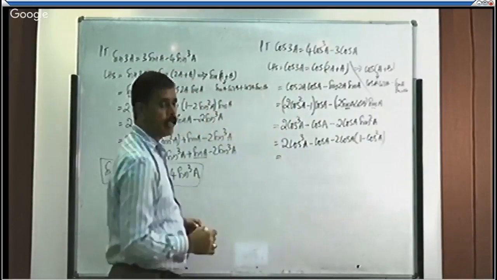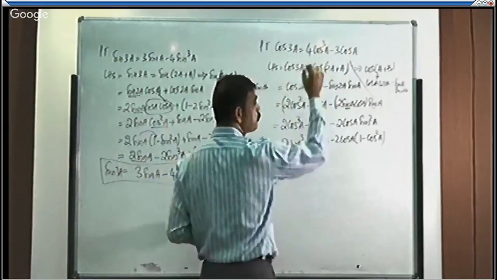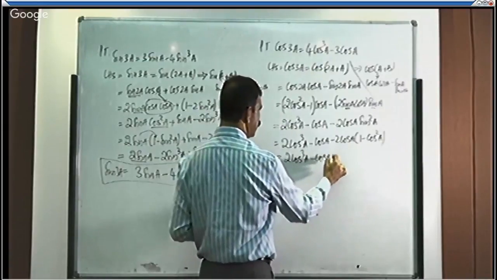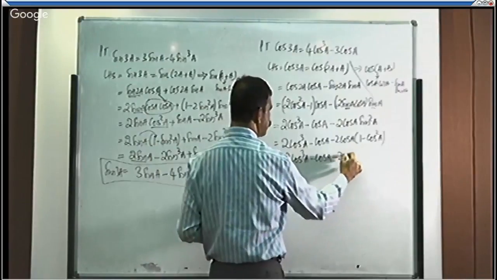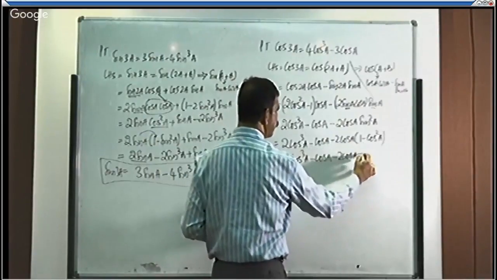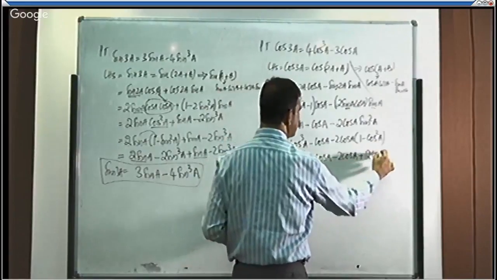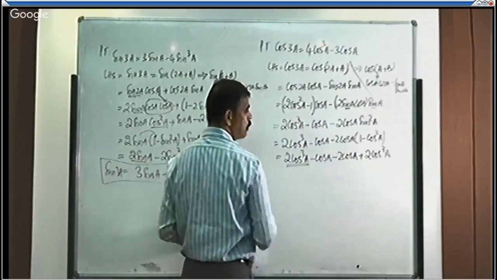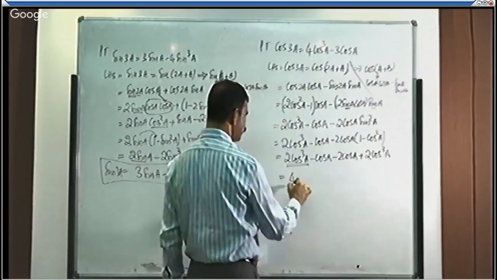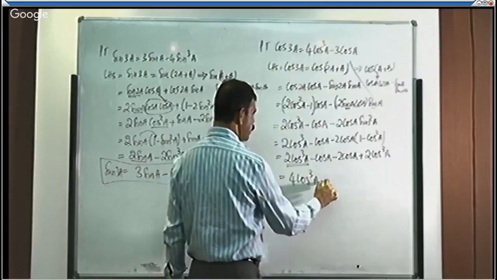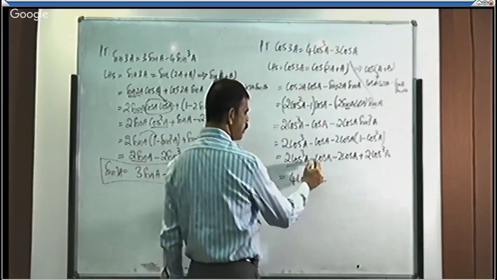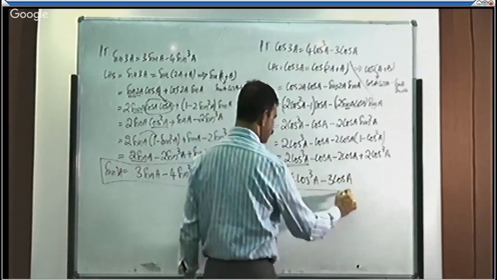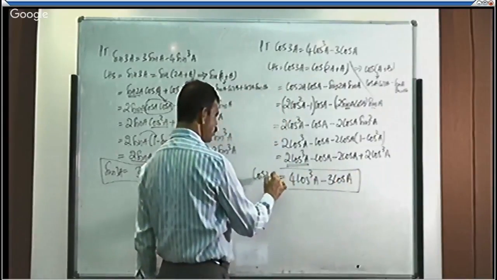So we are taking sin into cos because we need to prove cos A in terms of cos only. 2 cos cube A minus cos A minus 2 cos A into 1 minus cos square A, minus into minus plus 2 cos A into cos square, it is 2 cos cube A. 2 cos cube A plus 2 cos cube A is 4 cos cube A. Minus cos A minus 2 cos A is minus 3 cos A. This is the answer for cos 3A.